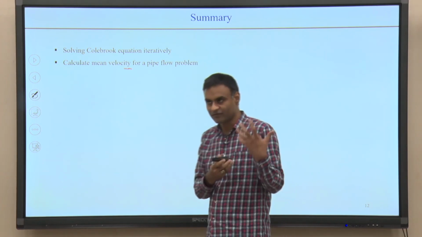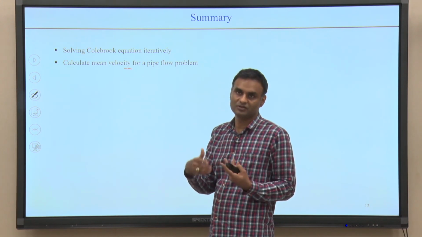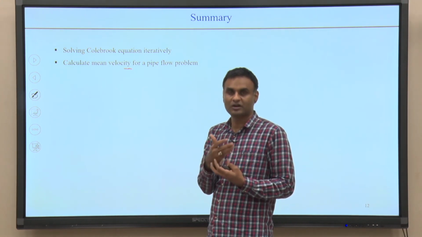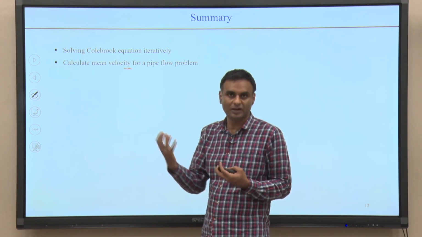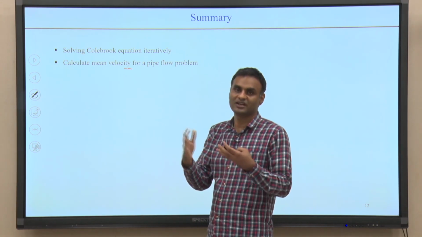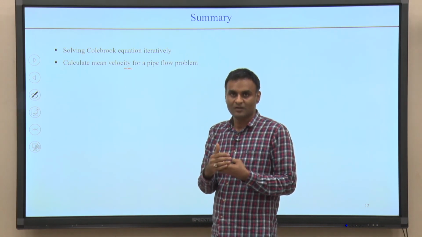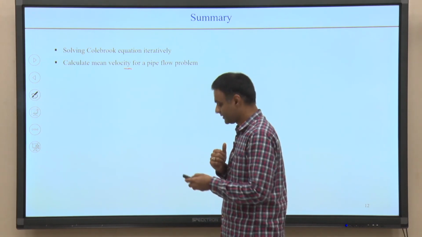So, we needed to guess a value of the friction factor. For that we used Moody's plot. We could also use the Colebrook equation. We could have assumed a higher value of Reynolds number, say of the order of 10 raised to the power 6, because that is where the value of friction factor becomes independent of Reynolds number.